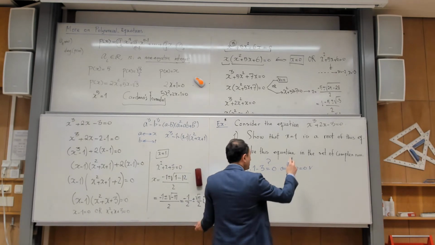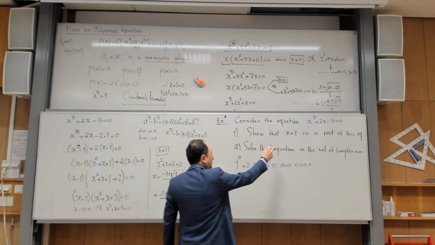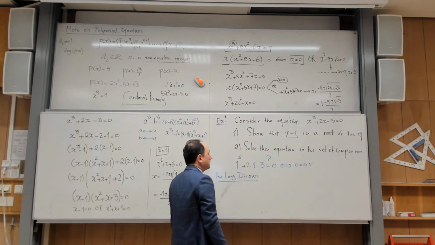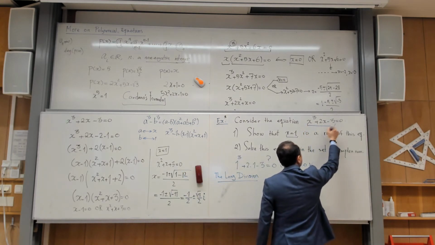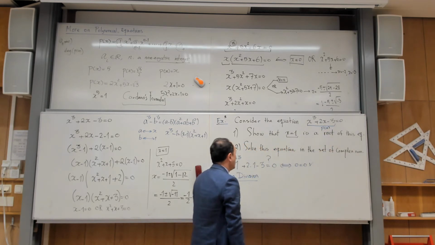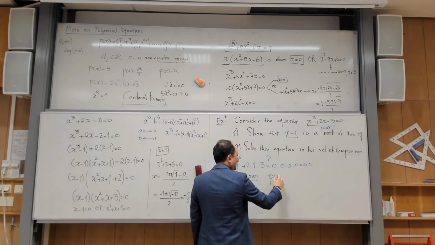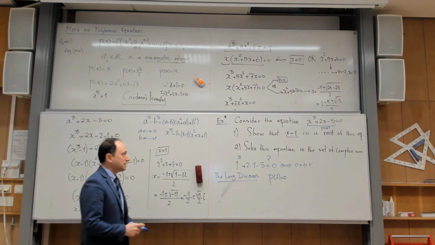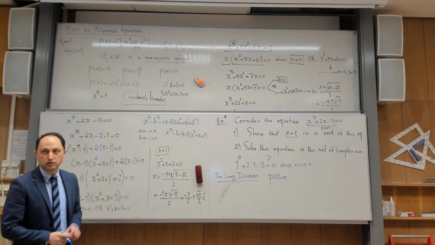So first of all, I want you to understand how this piece of information will help me. If you don't mind, let me call this part polynomial p of x. In the first part, I showed that p of 1 is 0. I replaced x with 1, and I realized the answer to the polynomial becomes 0.